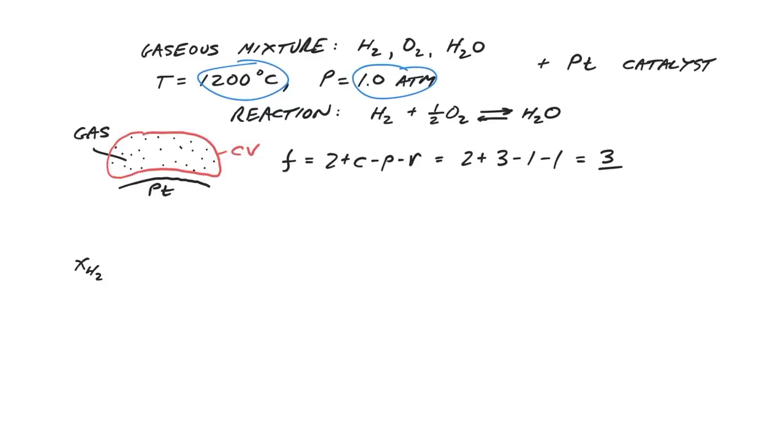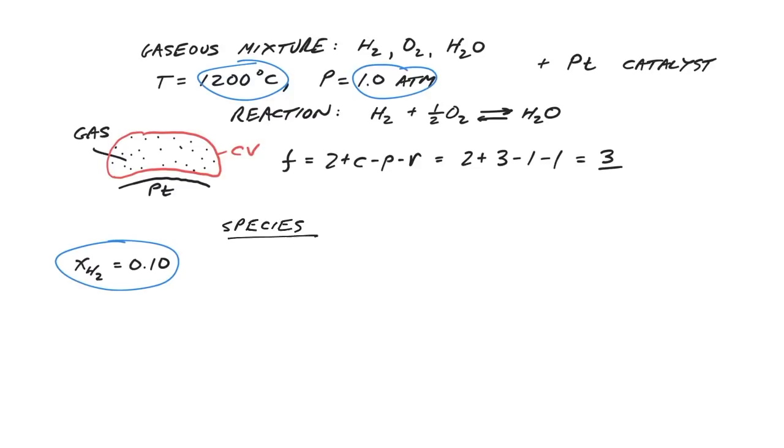So for our example, we could define the mole fraction of H2 in our gas. That would bring us up to the correct number of degrees of freedom. Gibbs' phase rule is also telling us that we could not specify any additional mole fractions in the gas. This would consume more degrees of freedom than we have, making the problem overdetermined.